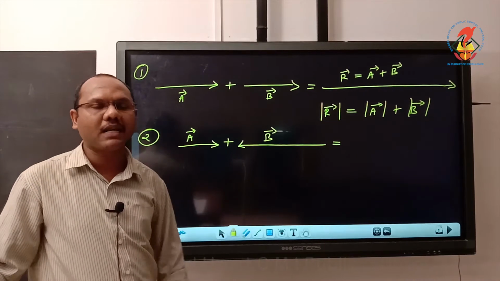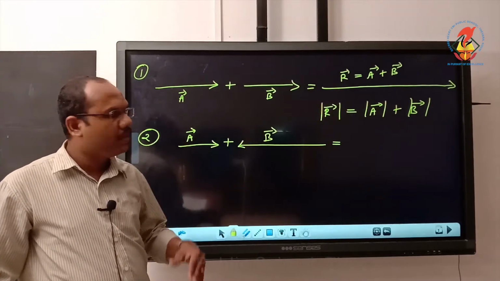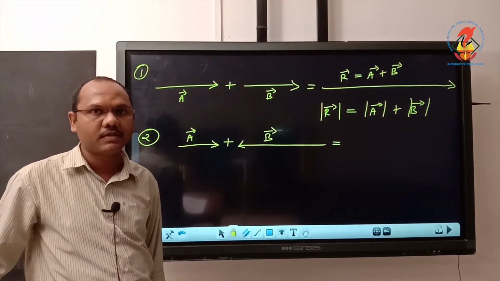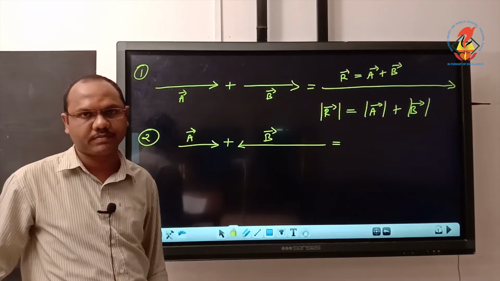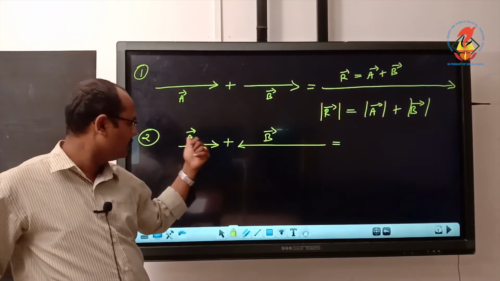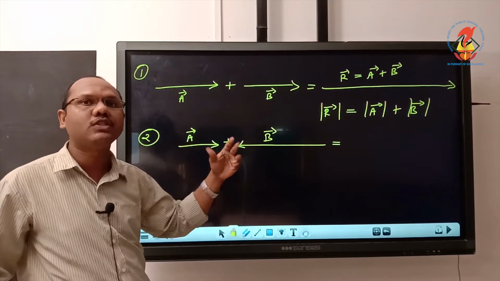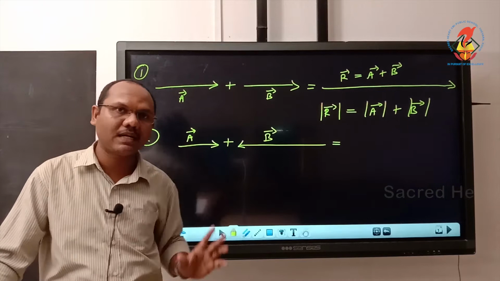They are of different magnitude but in the opposite direction. So what I have to do is bigger magnitude minus smaller magnitude, and the direction will be the direction of the bigger vector. Say for example, this is 5, this is 3, then you have to do 5 minus 3, which is 2, and the direction will be the direction of the bigger vector.